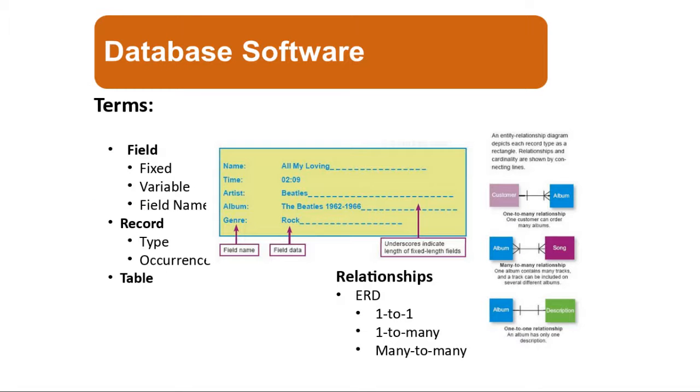So here it is. These are the terms. These are the things we need to come to grips with. Field, record, table, relationships, or what we call diagrams, the ERD. So these are the terms that you're going to come to grips with. So the field is the smallest unit of information.